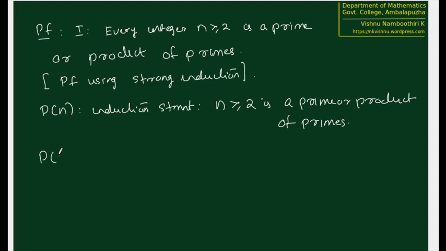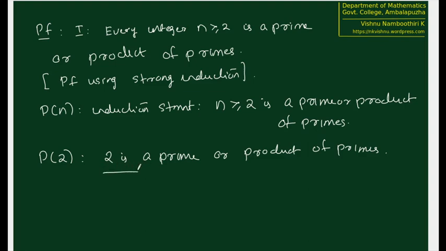So what is P of 2? P of 2 is: 2 greater than or equal to 2, which is just 2. 2 is definitely greater than or equal to 2. 2 is a prime or product of primes. Is this true? If this statement has to be true, then either 2 is a prime should be true, or 2 is a product of primes must be true. But we know that 2 itself is a prime, therefore this part itself is sufficient for us. This is true, therefore P of 2 is true.